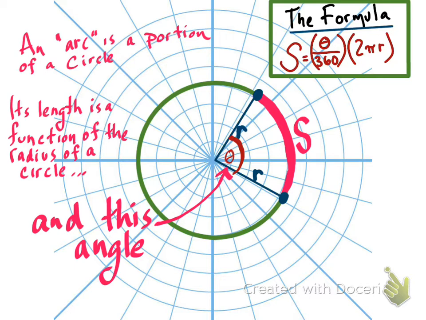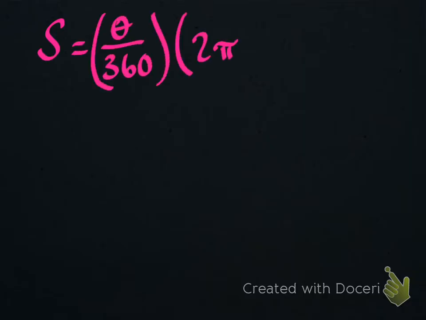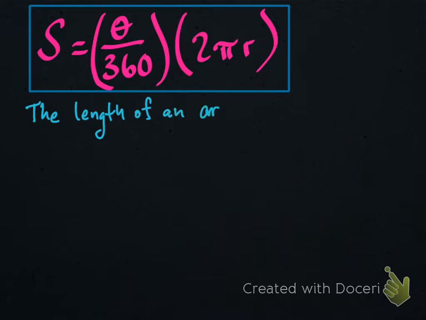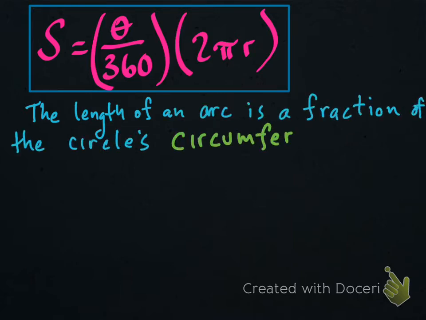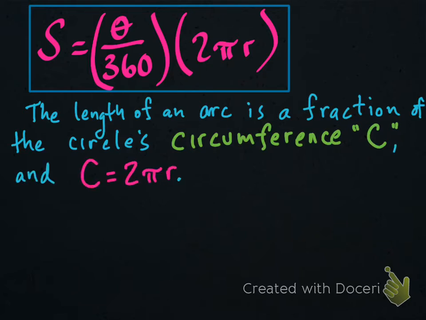Let's dig into that formula a little bit so it makes more sense to us. The formula, theta over 360 times 2 pi r, is the formula for calculating the length of an arc. And since an arc is a fraction of the circle's circumference, that is what we're going to use here.